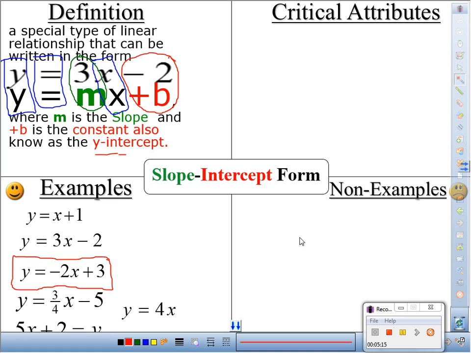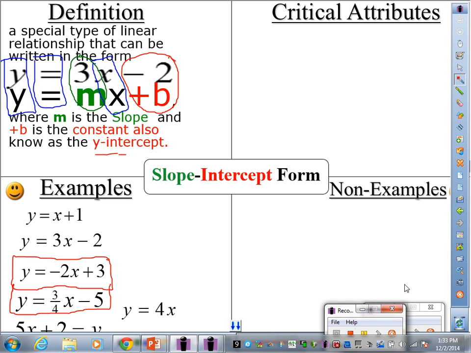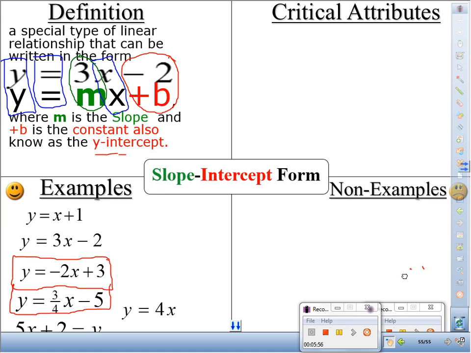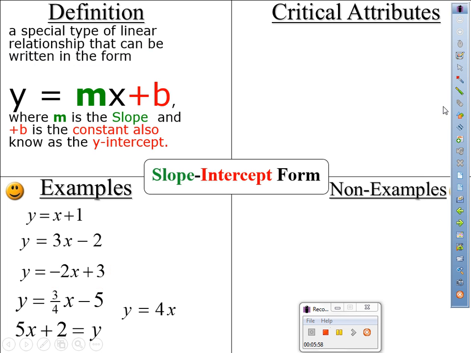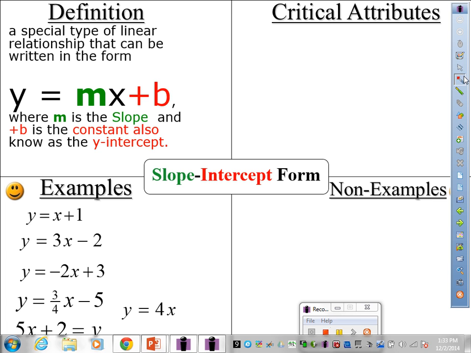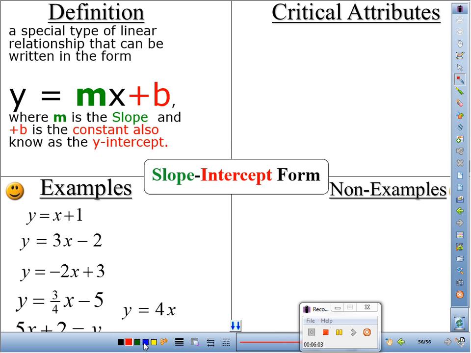All right. So with that said, look up, please. Look at this one and tell your neighbor the slope and the y-intercept. All right. How about, let's see if I can throw a little curveball at you.